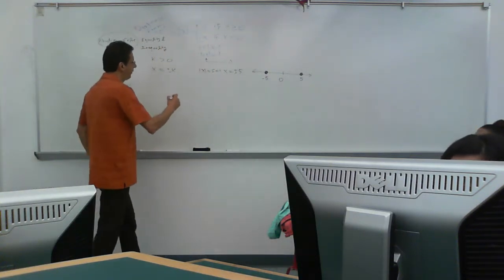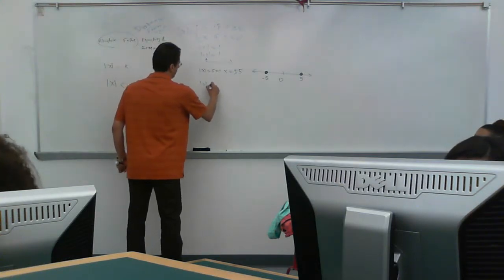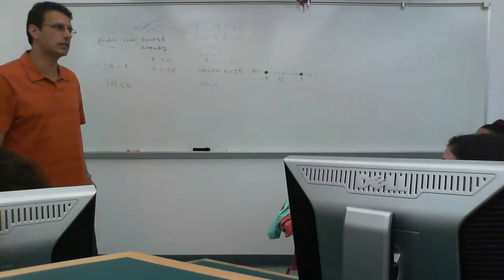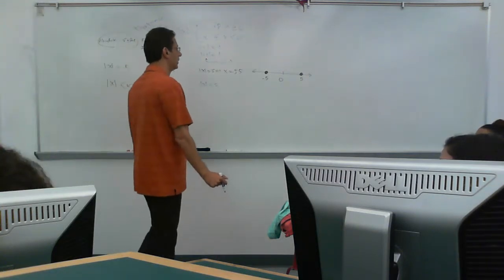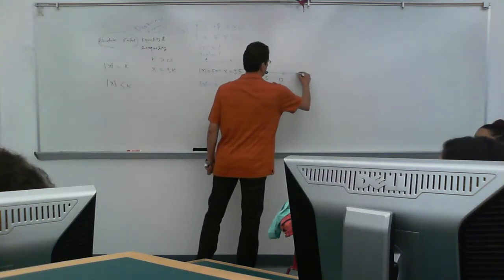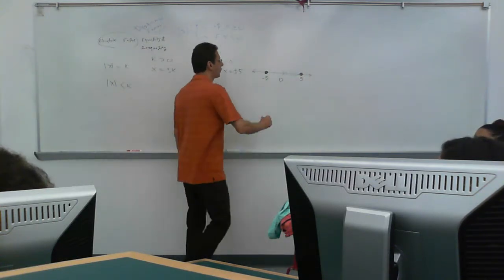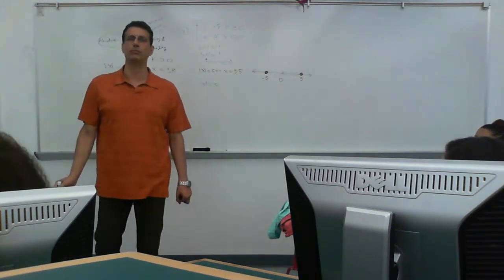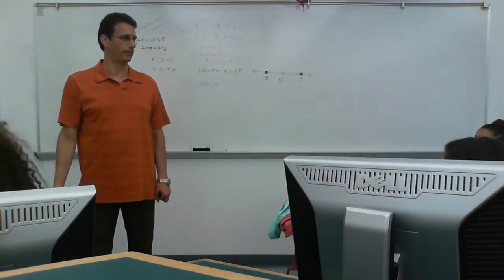But absolute value of x is less than 5 refers to points whose distance from 0 is less than 5. Therefore, anywhere between 0 and 5, or for that matter, between negative 5 and 0. The part in blue is the answer, right?